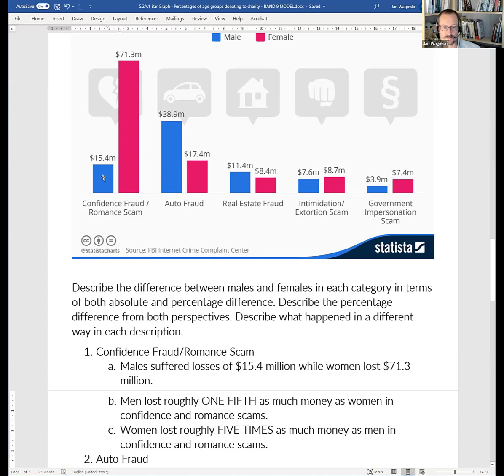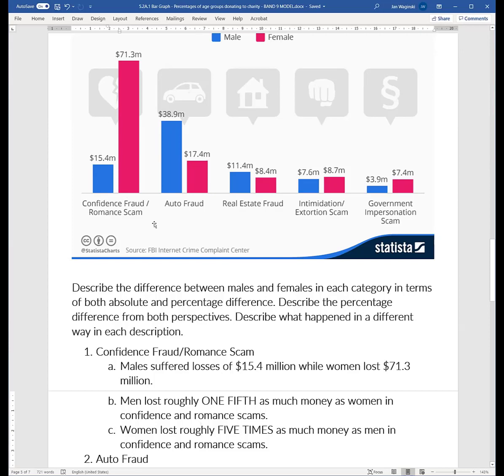Does that make sense? 5 times money, how? Sorry? How 5 times money? You see this big bar here that says 71.3? Yeah, but the men's are getting that 5 times. No, men is this blue bar. Oh.